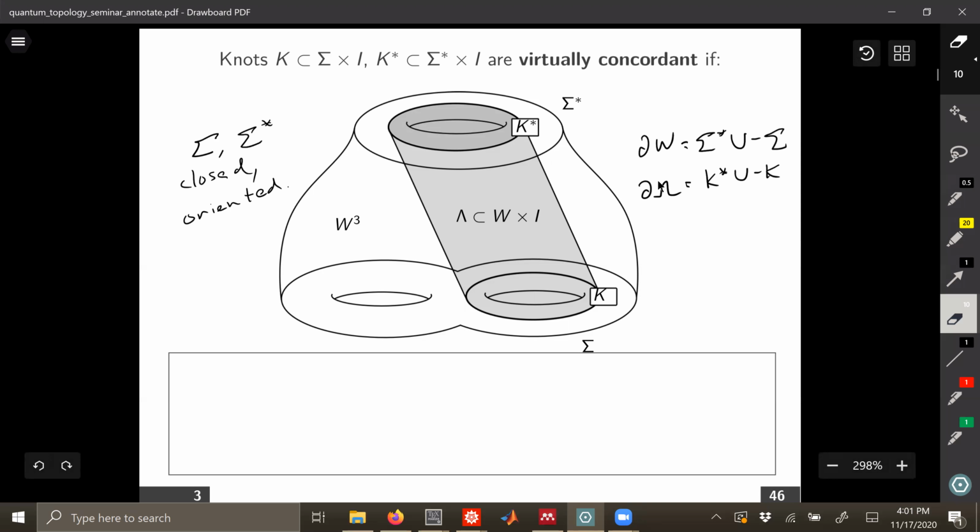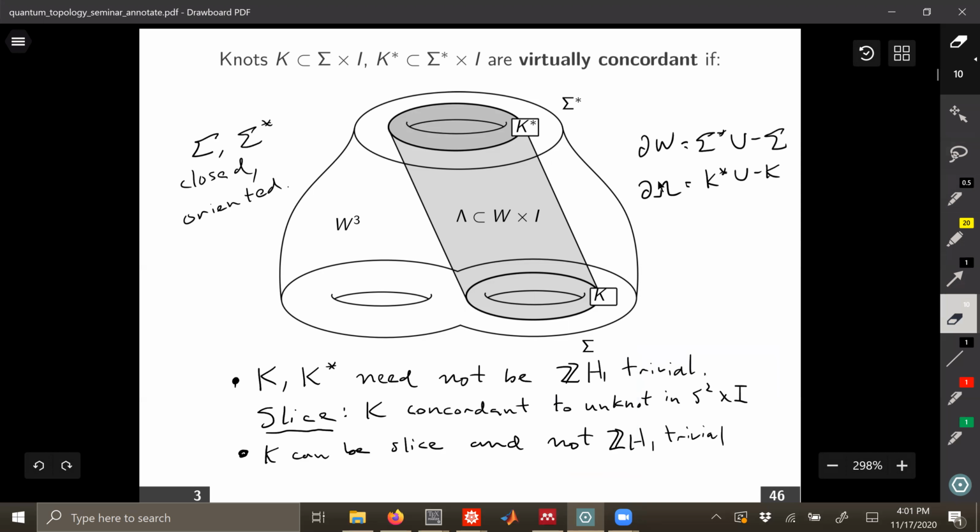Okay, a couple of things to point out about this definition of Turaev. First of all, if you have two knots in thickened surfaces, they may not necessarily be homologically trivial in H1 of the thickened surface. So the invariants that we talked about before don't immediately extend to this setting.